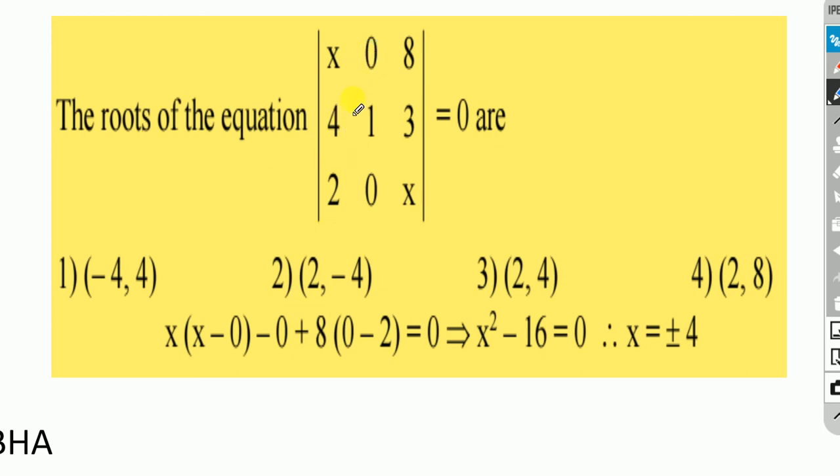So it is 0, plus 8 into 4 into 0 minus 2 into 1, that is 0 minus 2. So that is x into x square minus 16, which is equal to 0, given 0 is here. X square minus 16 is equal to 0, or x is equal to plus or minus 4, which is in option 1. Option 1 is the right answer.